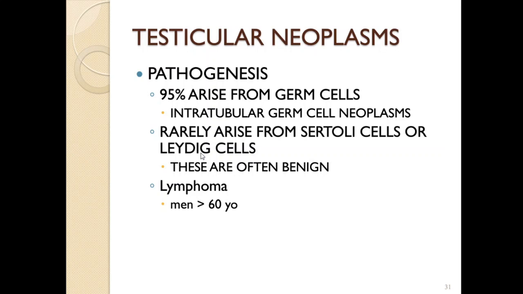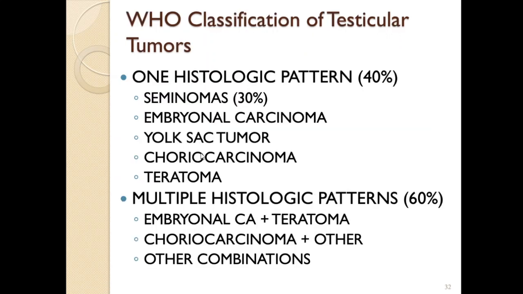They can rarely arise from Sertoli or Leydig cells, and these are benign. I am not seeing them. Lymphoma also exists in men, especially men aged more than 60 years.